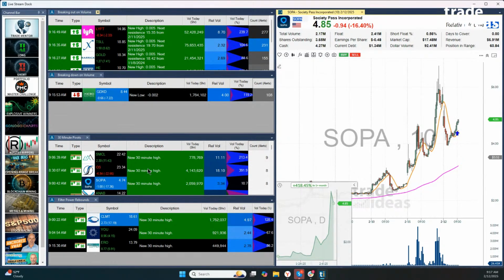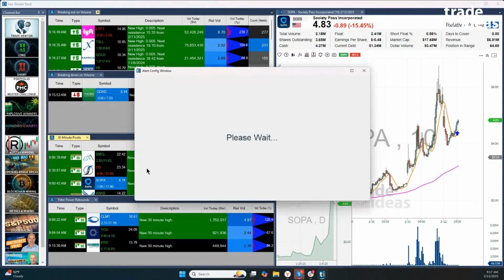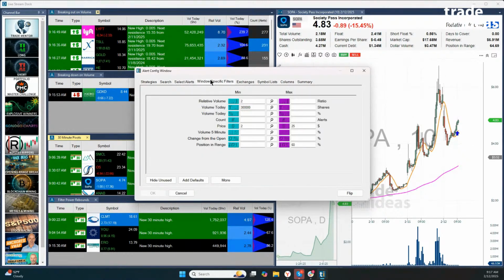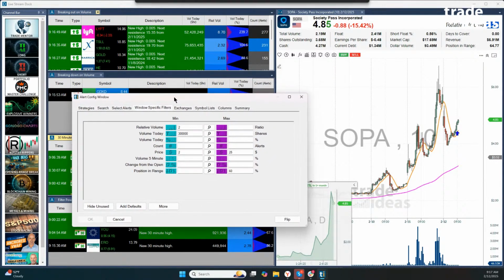This is the power of trade ideas. And remember, you guys, I'm not programming. I'm simply putting minimums and maximums together. This is going to be one of the best ones because it's just a high-level example of the simplicity.